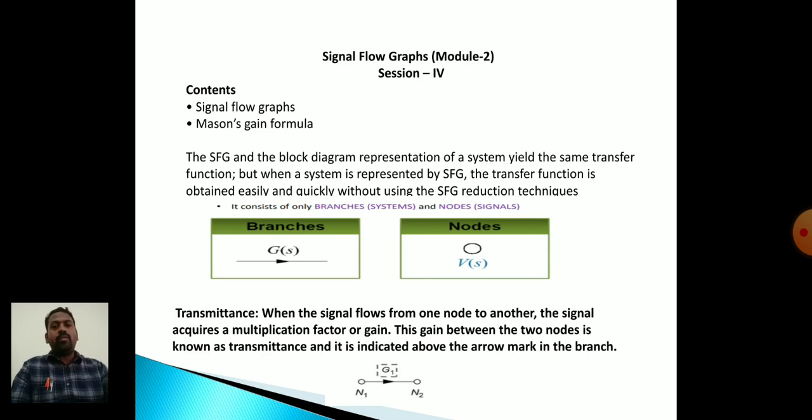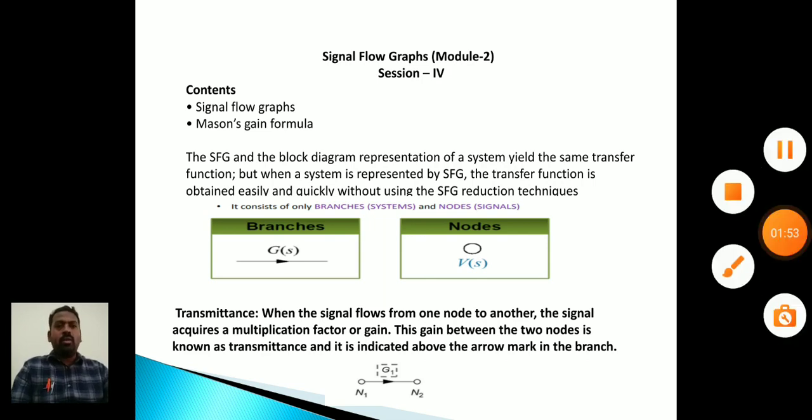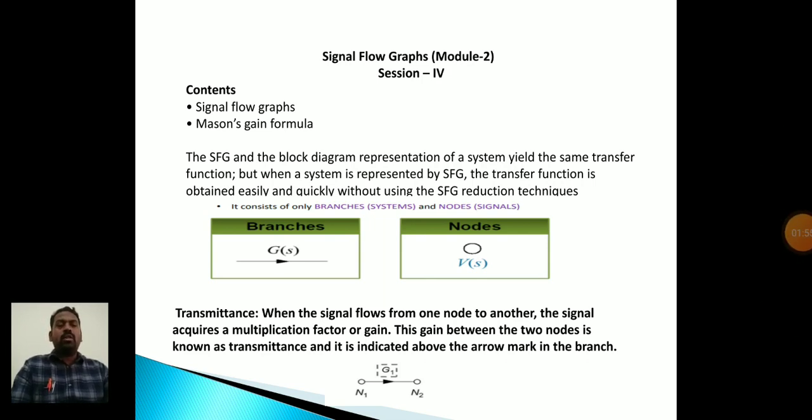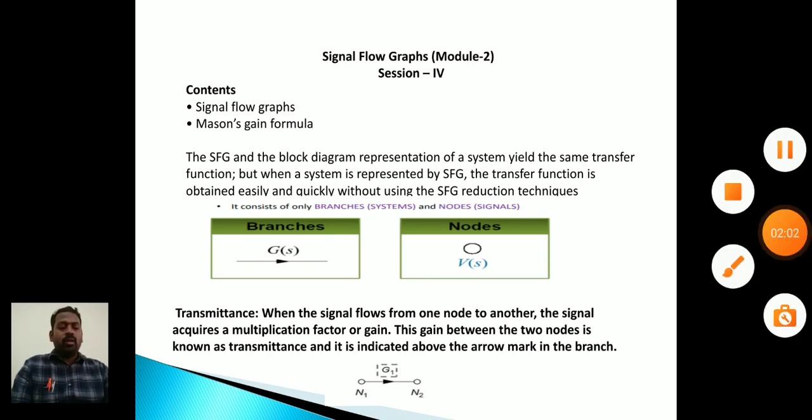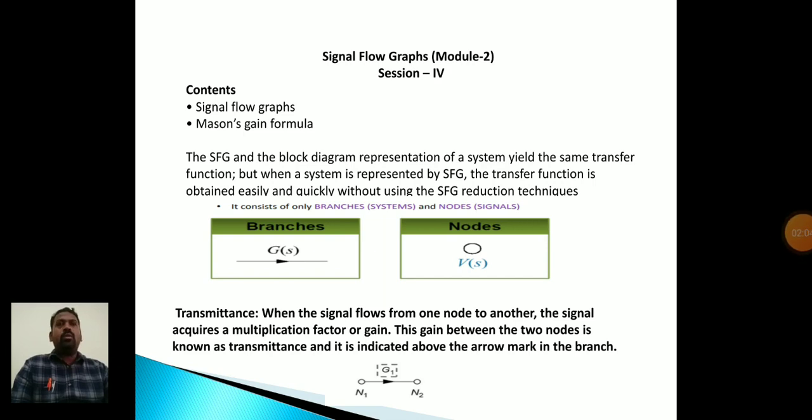Sometimes you will give the block diagram, and then you have to convert it into a signal flow graph diagram. So there your task is to draw the signal flow graph from the block diagram by considering nodes, branches and arrows, from which point to another point, what the transmittance or transfer function is, that you have to consider. That is nothing but the transmittance.